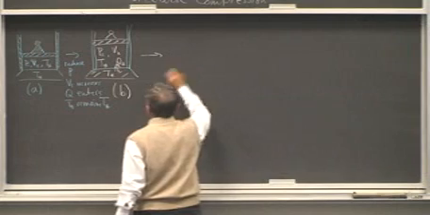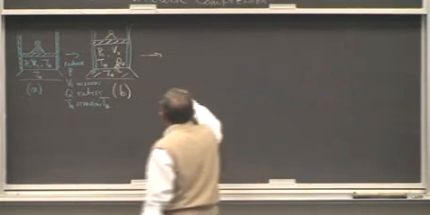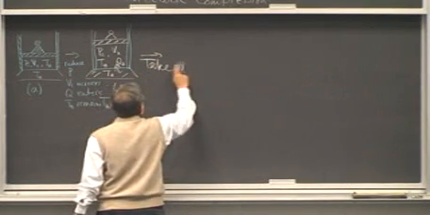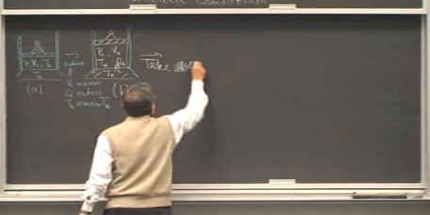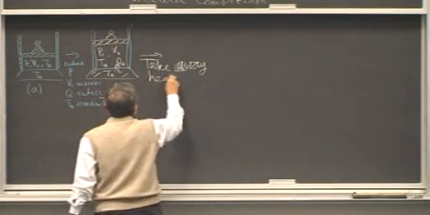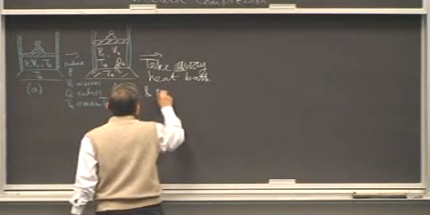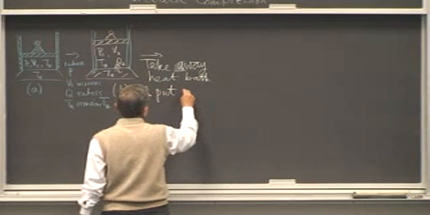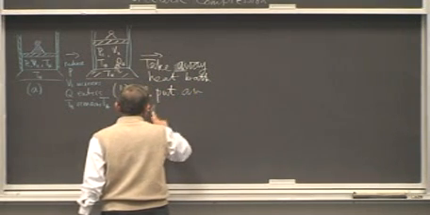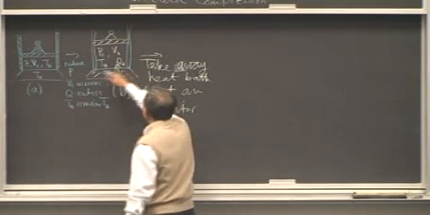After that, what you do is you take away the heat bath and put an insulator at the bottom.